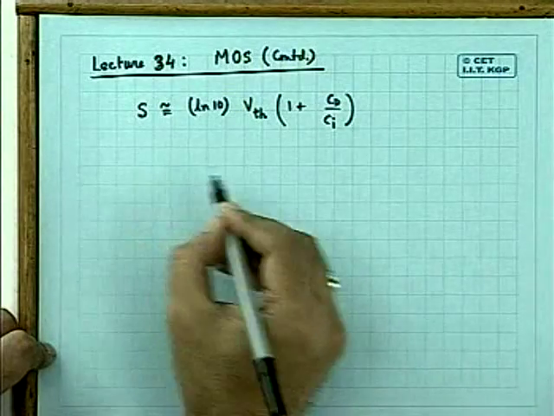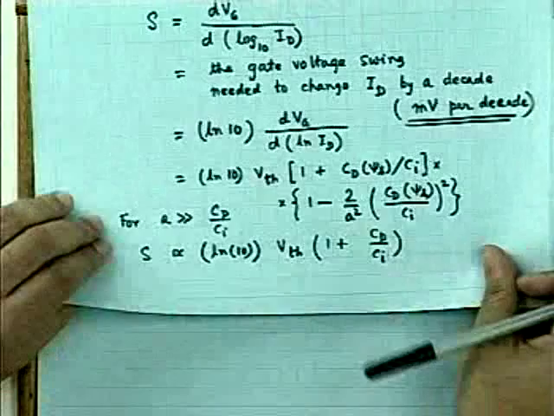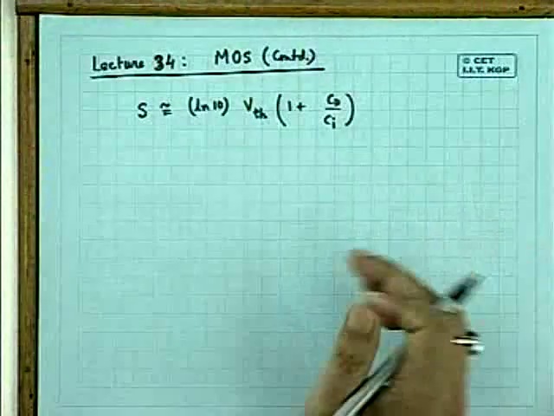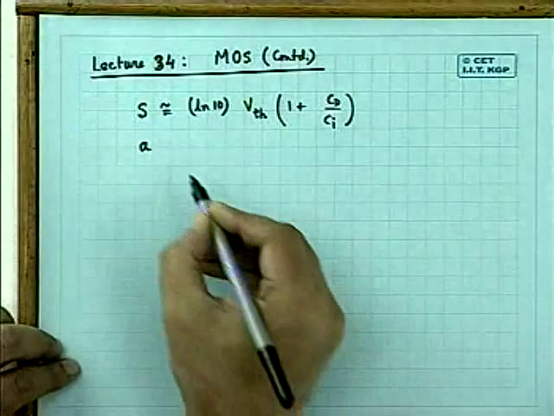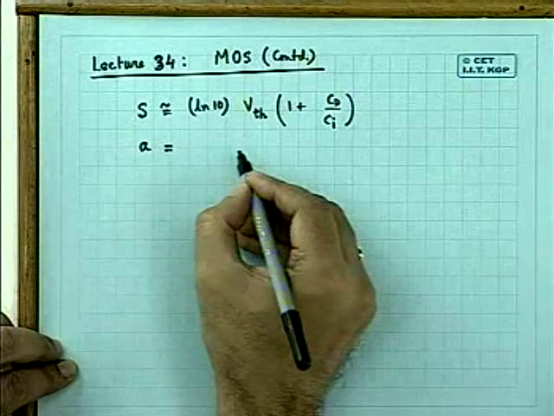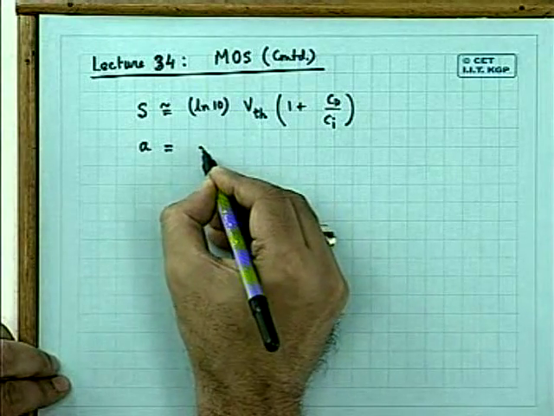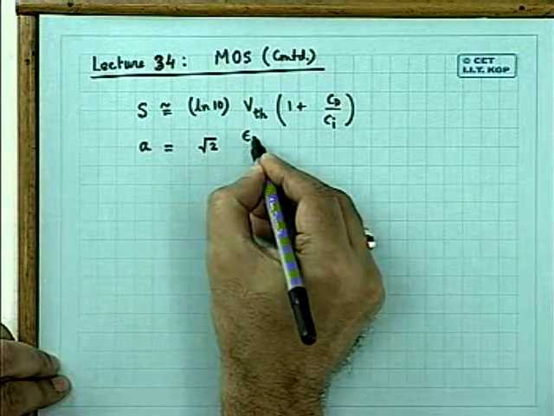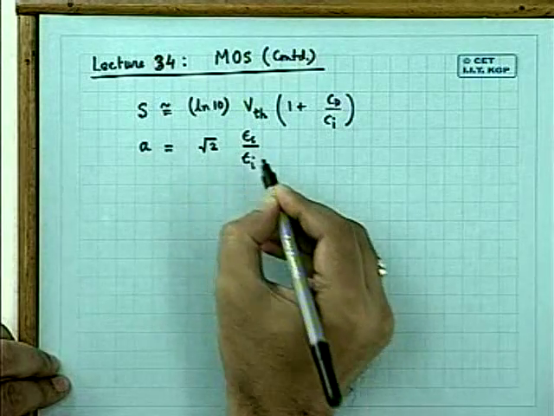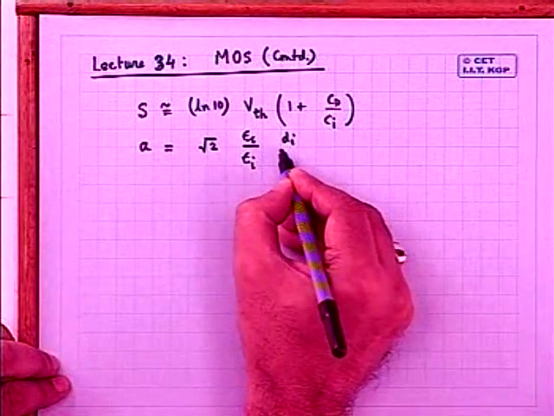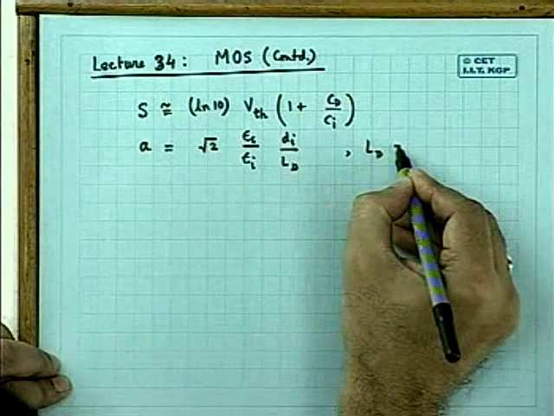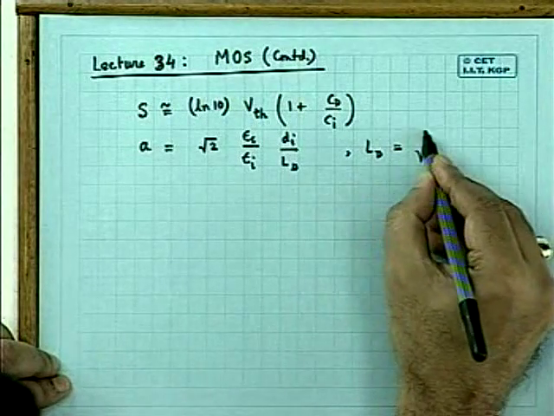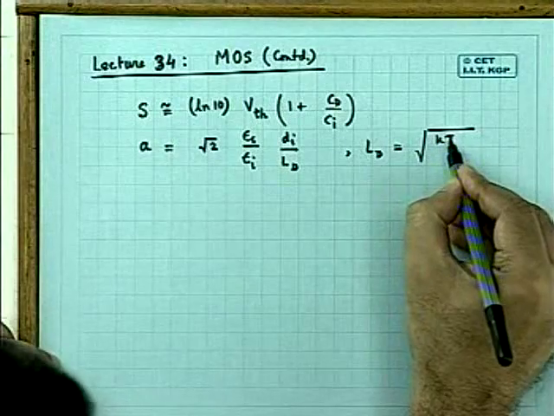And if you see the general expression, here we assumed A is very large, and A was defined like this, root over 2 epsilon S epsilon I di divided by LD. And if you remember, LD, the Debye length, is given by this expression with kT.